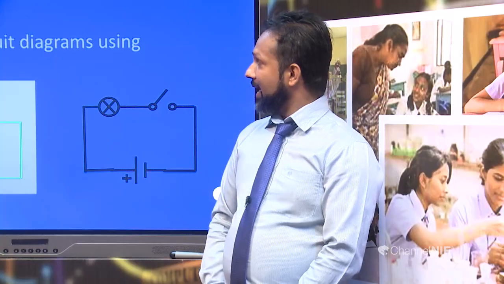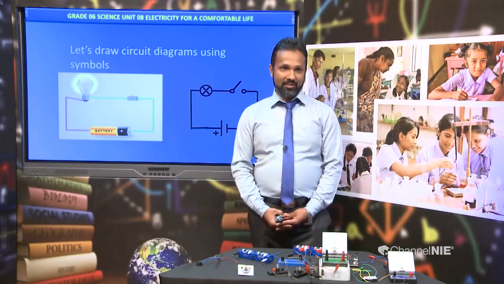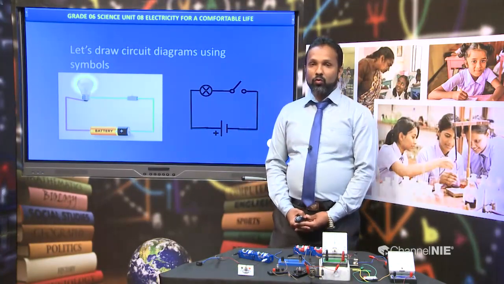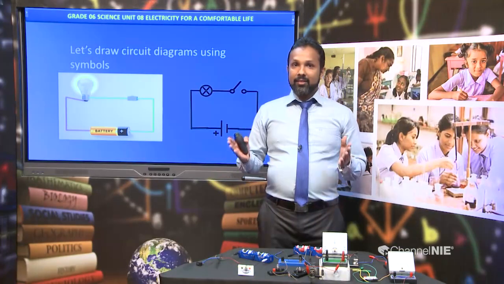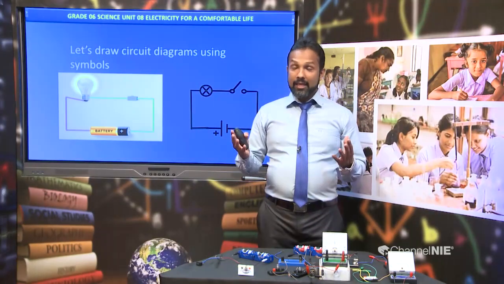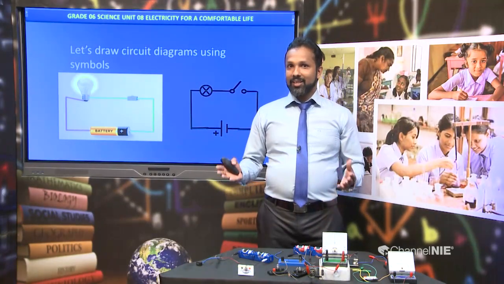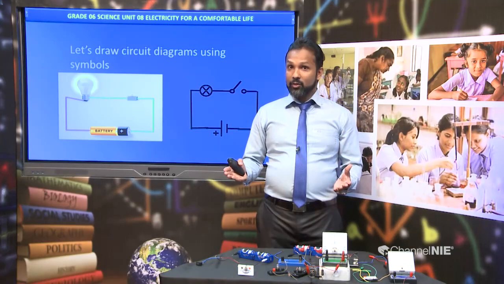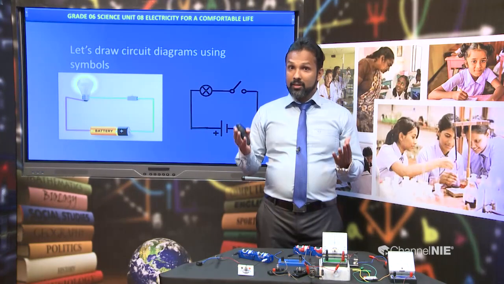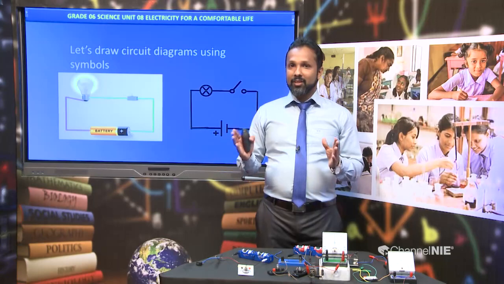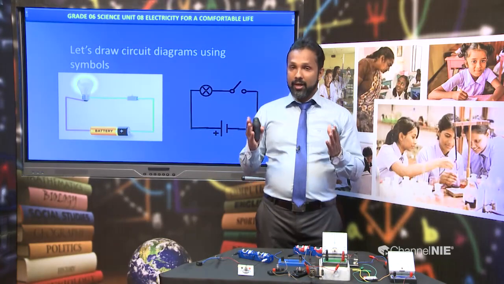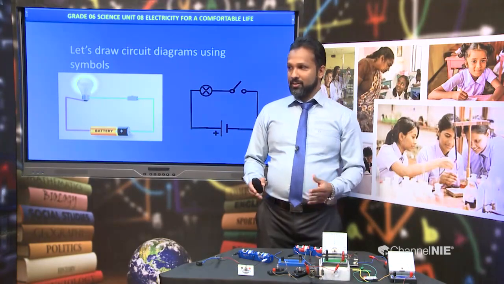Now, circuit diagrams using symbols. We all studied the symbols of electrical accessories. Then you will be able to draw circuit diagrams using the studied symbols.